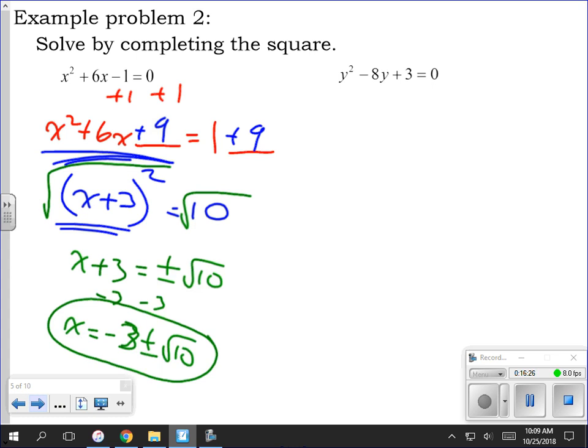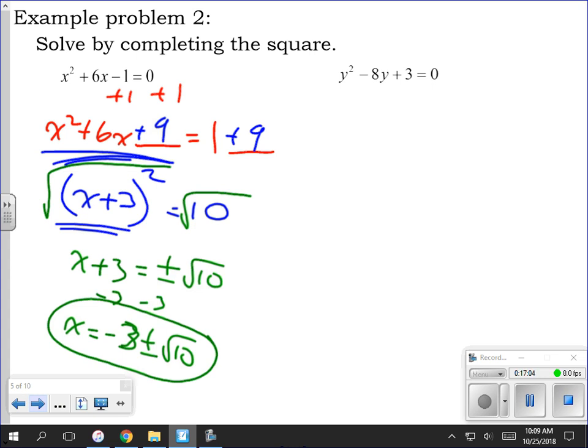You want to have your single number by itself, plus or minus whatever you've got on the other side, in that order. You don't want to have plus or minus the square root of 10 minus 3, because that means all kinds of things. If I had plus or minus root 10 minus 3, is that plus the square root of 10 minus 3 as a whole, or minus the square root of 10 minus 3 as a whole?